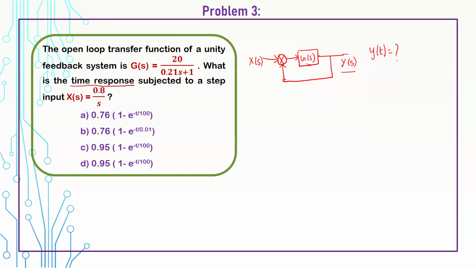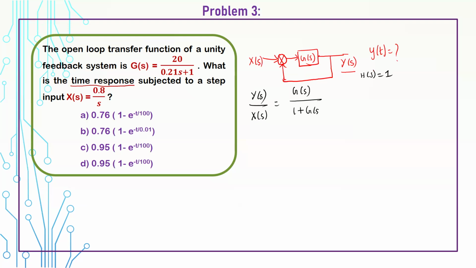So here G(s) is given as 20 by 0.21 s plus 1 and X(s) is given as 0.8 by s. So from this we can find out the transfer function. Y(s) by X(s) equal to, for the unity feedback system, G(s) by 1 plus G(s)H(s). Here H(s) equal to 1, so no need to write that.